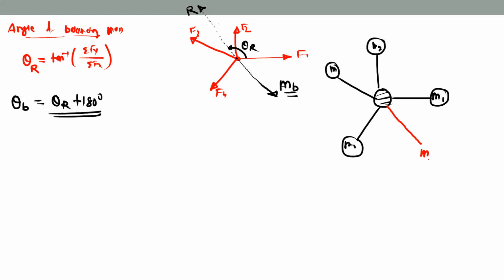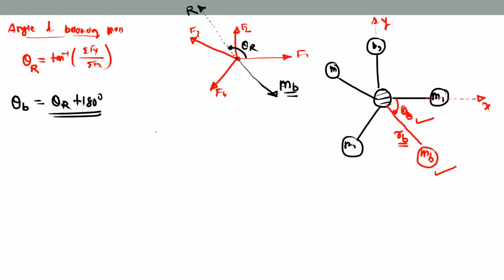So this is MB, and this is theta B with respect to the x-axis. And this radius we can select as RB. In this way, we can find out the balancing mass and its angle.